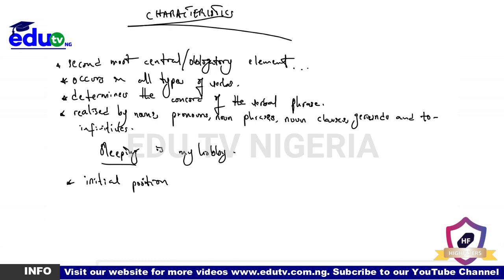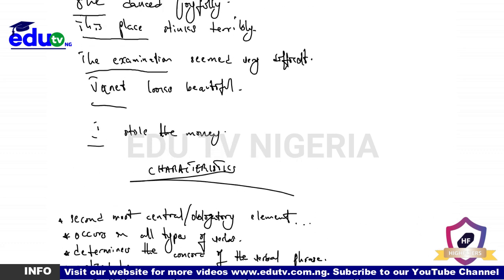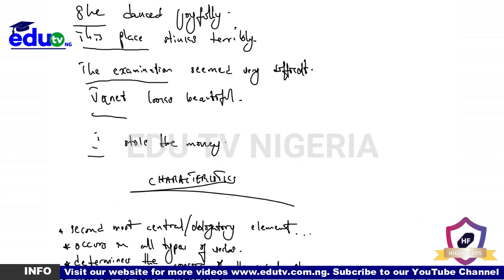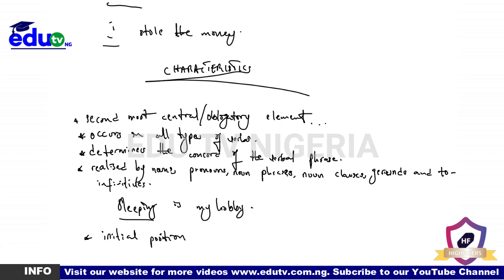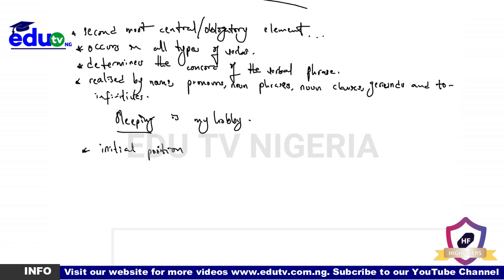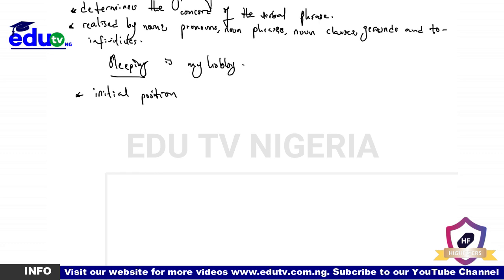Like all of the examples you've seen me give so far, we have she here, this place here, the examination here, Janet here, I here, and even here we have sleeping. Do you get it? So the subject usually maintains the initial position of the sentence.